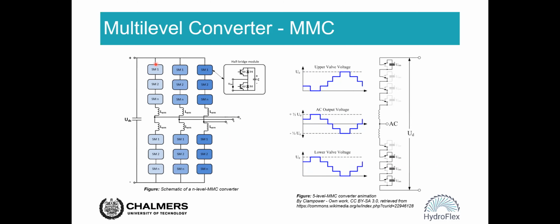This submodule here can be a half-bridge module or a full-bridge module. If we use a half-bridge module, we will have fewer switches compared with full bridge. On the right side is a 5-level MMC converter animation. If we look at this AC output voltage for one phase, we can see it has 5 levels.